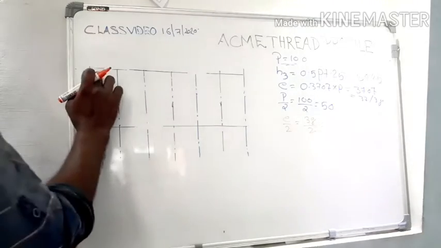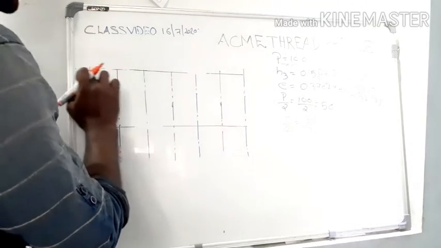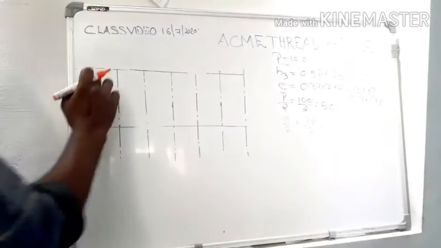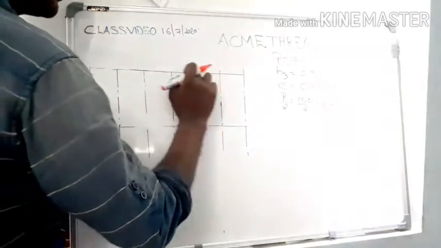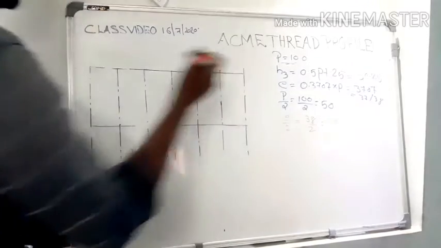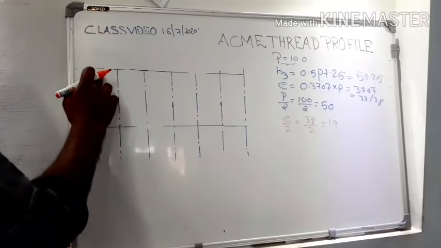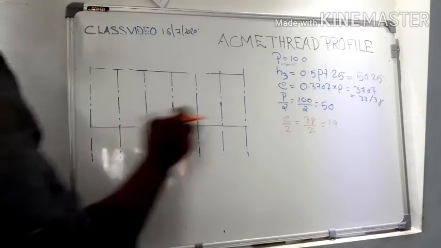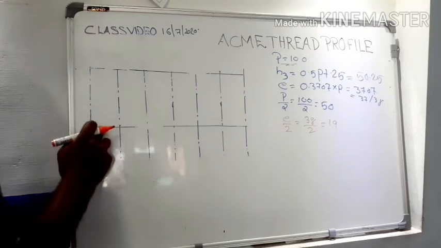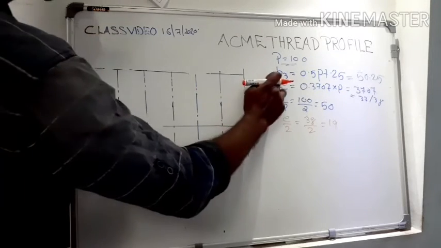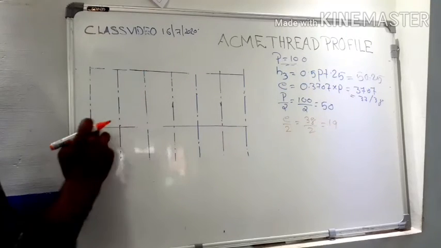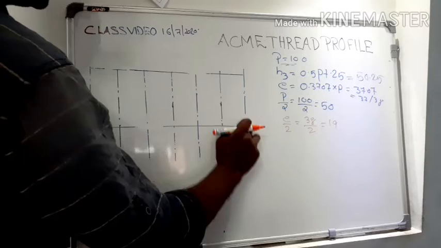The next step is to draw a parallel horizontal line connecting the top of all these vertical center lines. By connecting all the edges of these vertical lines, we draw a parallel line. From that, we draw another parallel line keeping this distance, that means our height or depth is H3. That value is 50 mm. Now we draw another horizontal line marked here.